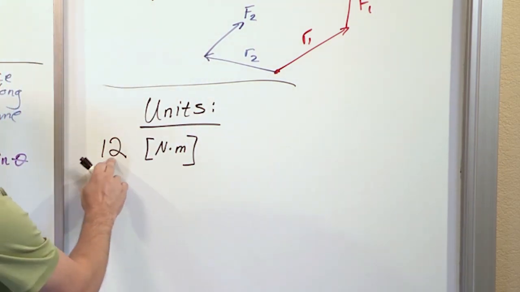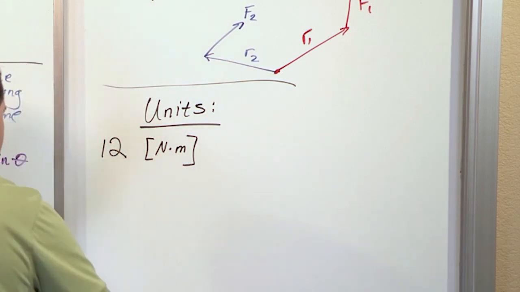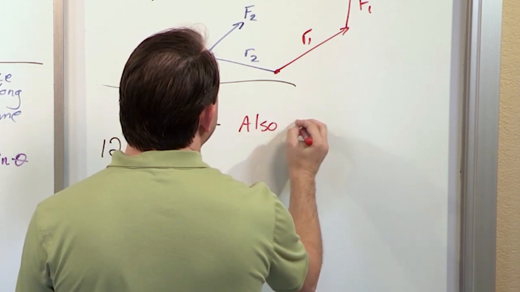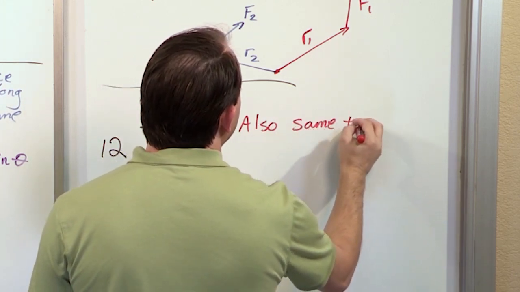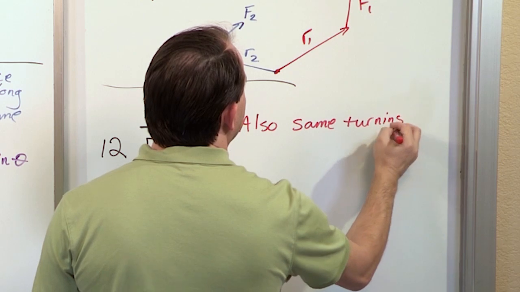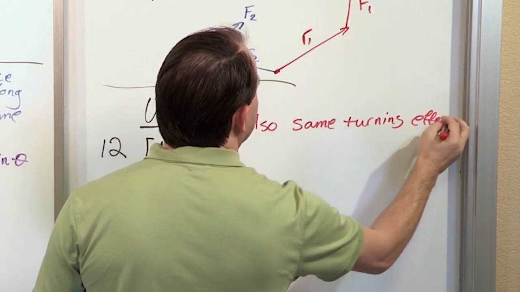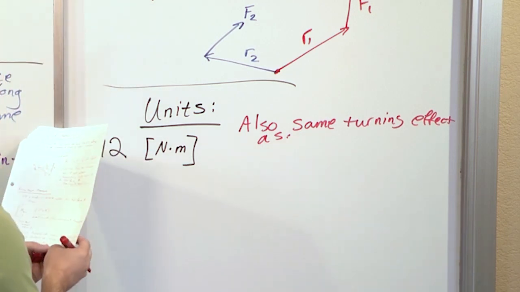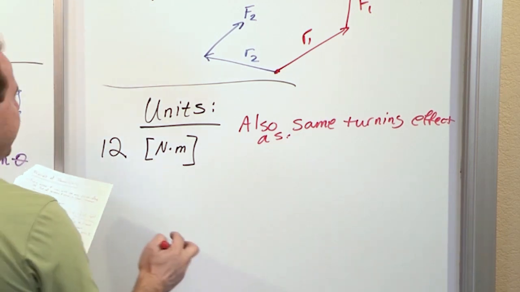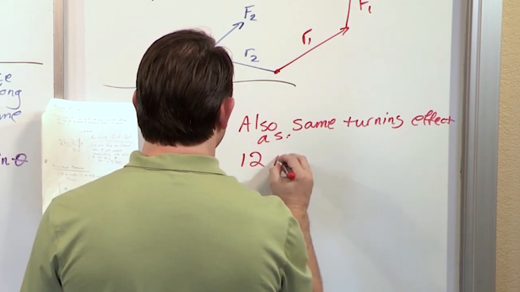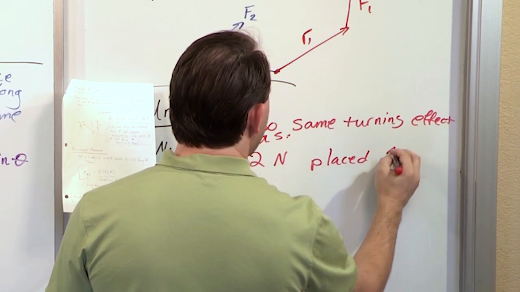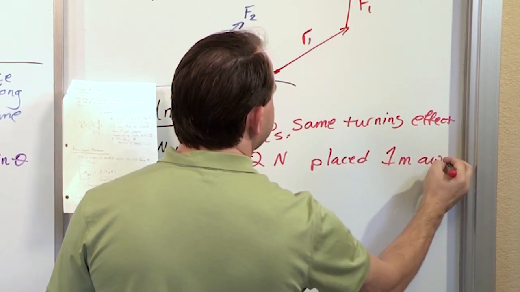But when we say something like 12 Newton meters, we can also say the same turning effect as the following. 12 Newton meters is the same turning effect of 12 newtons placed 1 meter away.